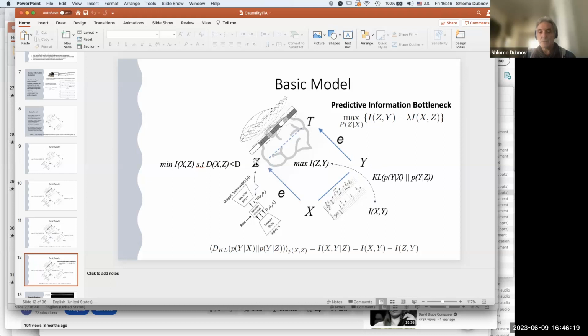So the most information will go from the compressed representation to the future, but with the least amount of bits and effort going into the encoding of Z. In some sense, this conceptual model of information bottleneck in time is why it's called the predictive information bottleneck. This is the overall framework that guides us in trying to build some of these models.